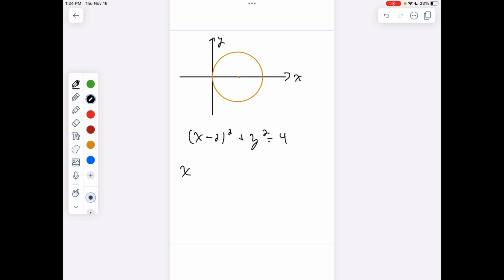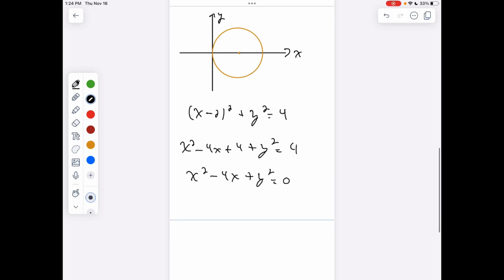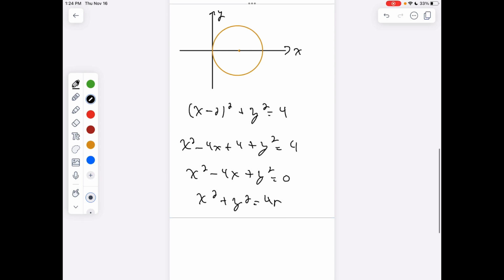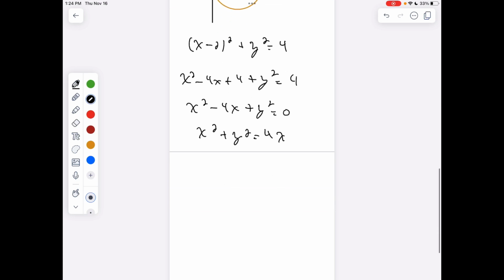So if you FOIL (x minus 2) squared out, you get x squared minus 4x plus y squared equals 0, or x squared plus y squared equals 4x. Now, we have these conversion factors, x equals r cosine theta, and x squared plus y squared equals r squared.